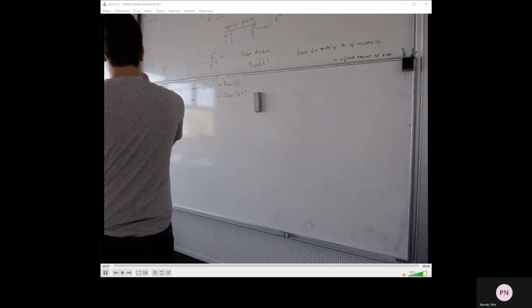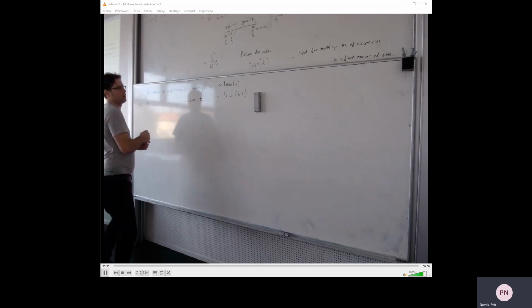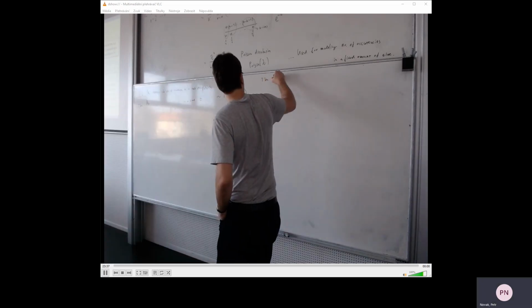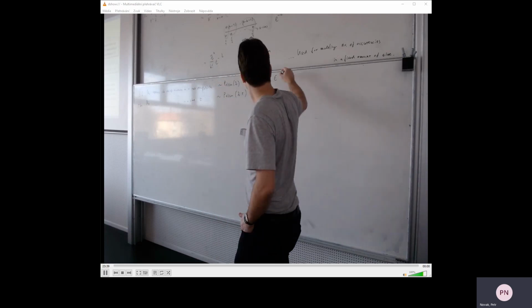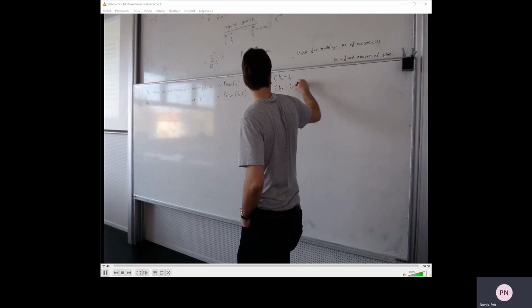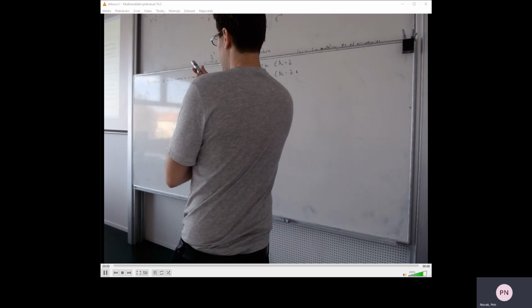Now, here is again a motivational element. The expectation of n1 is lambda and the expectation of nt is lambda times t. Yeah, here again we see an example.